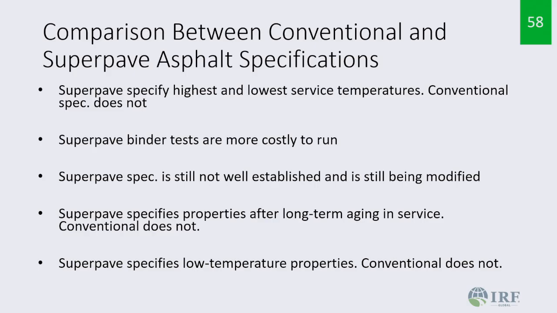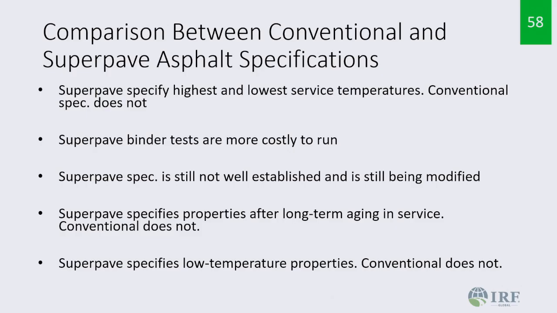So the test on the binder becomes very costly. I hope you get it. Then the next thing is, the space is not well established, and states even keep on varying it, making modification. But we know that it is a superior performance test. People are still improving upon it, and we can start from there.